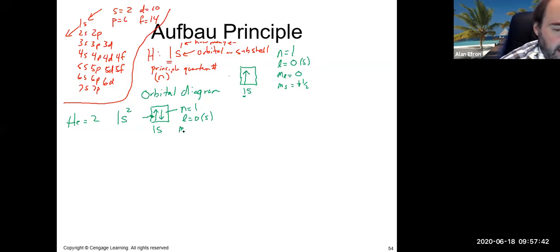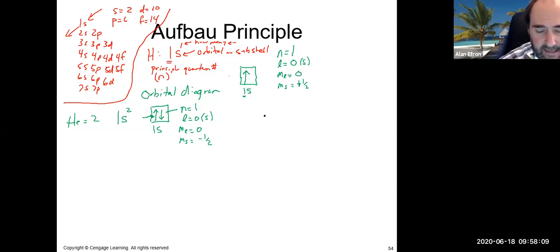The M sub L is going to be 0, and the M sub S in this case is minus 1/2. Again, the electron is heading downward, right? This electron here, and now this electron here in the same orbital, they have 4 different quantum numbers. Again, the difference there, as we talked about, is really the spin quantum number.